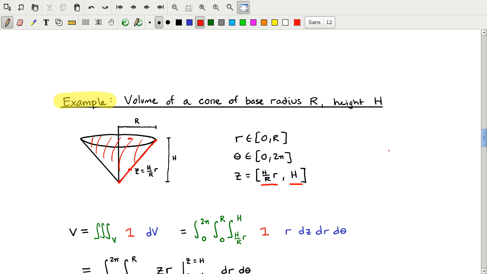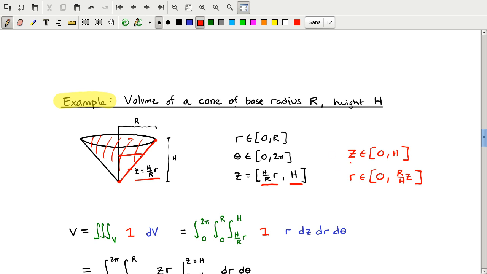We could also have chosen z goes from 0 to h, but then the bounds on r would have to depend on z. They would go from the z-axis out to the line given by r equals capital R over h times z, by taking this equation and solving for r in terms of z.